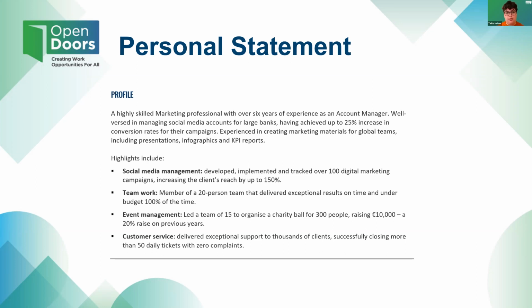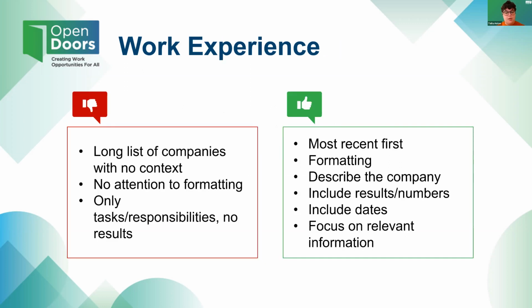And then I have 4 highlights here: social media management, teamwork, event management, and customer service. If on the job description there was no mention of events, this isn't a highlight I'm going to put here. I'm going to choose another skill that is more relevant.